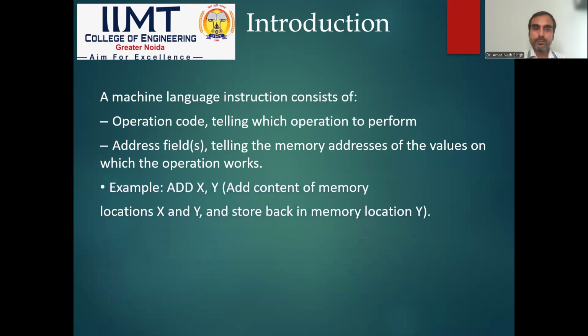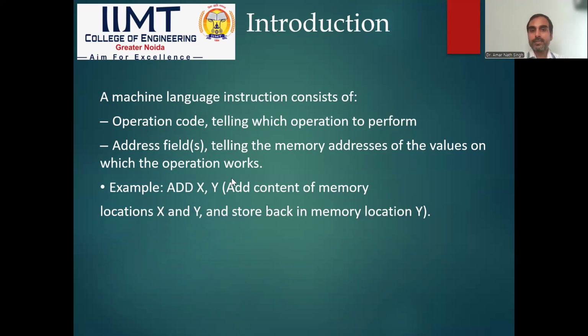The most important thing I'll explain here by using an example: suppose we perform the addition of two numbers. Here I'm taking ADD x and y as the two operands.